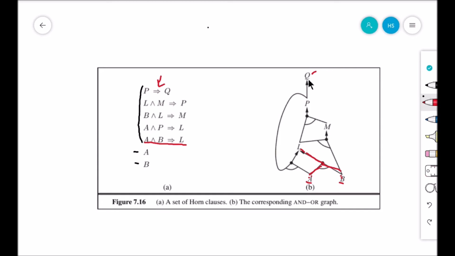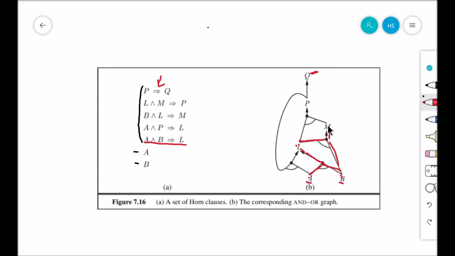Now, if you want to continue getting up to Q, you have to keep moving up north. B and L imply M. That gets us a little bit further.